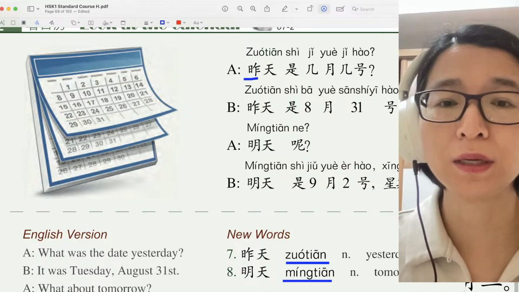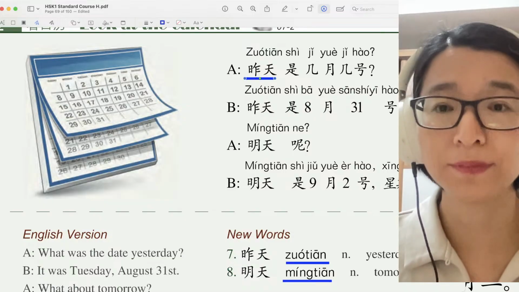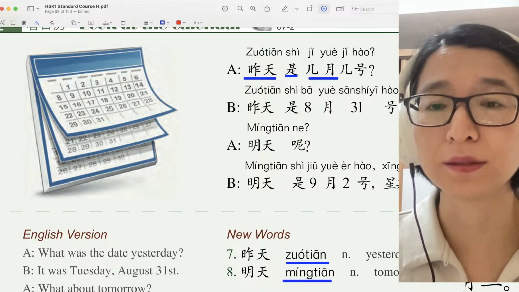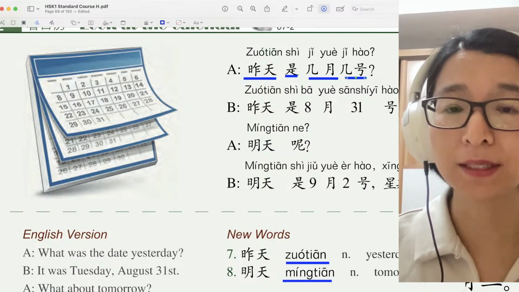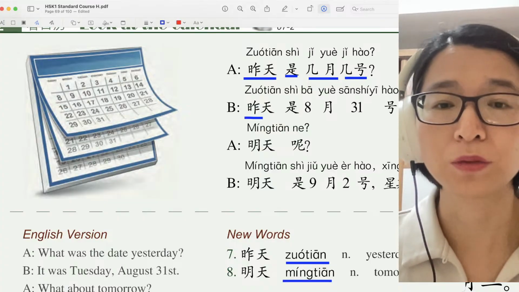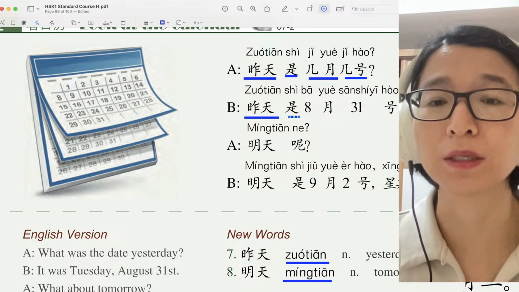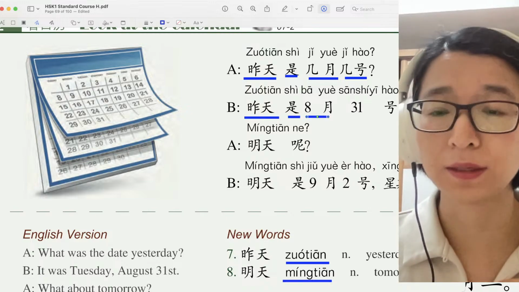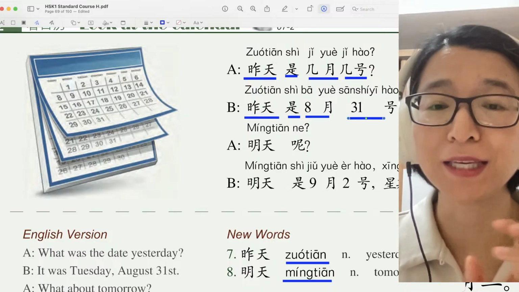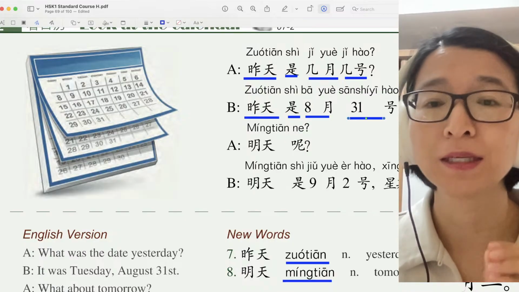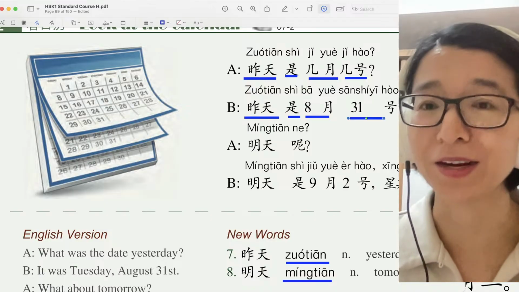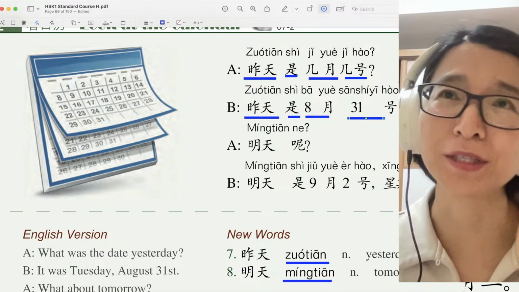昨天是几月几号? Yesterday is which month, which date? 昨天是8月31号. Yesterday is August 31st. Easy, right? In English you have to think.